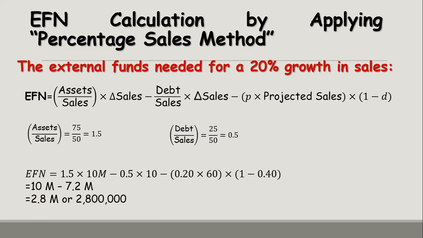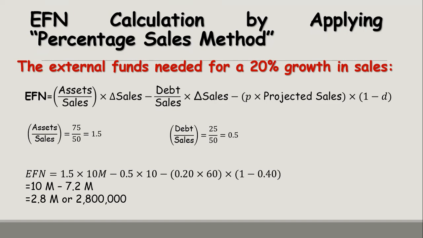On the other side, here is our assumption that our assets are equal to 75. 75 million is the figure for the assets and 50 million for sales, so the proportion is equal to 1.5. Assets are 50% greater than the sales. Here debt is 25 and the sales are 50. It means debt is 50% of the sales.